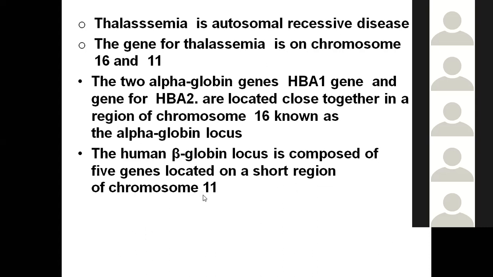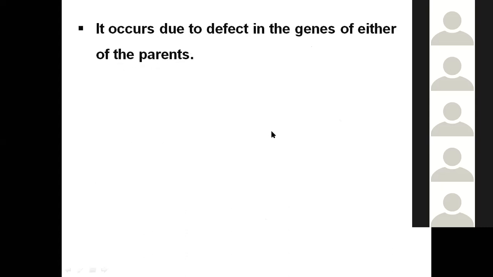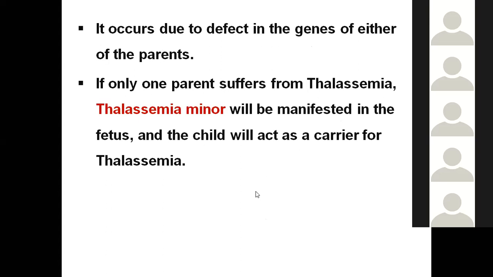On chromosome 11, there is a location where your beta globin chain is. But the beta globin locus has 5 genes. You see, we have epsilon, we have delta, and so on. We don't go into the depth of it because that will be more confusing. So this point is enough: the beta globin gene is on chromosome 11 and the alpha globin gene is on chromosome 16.